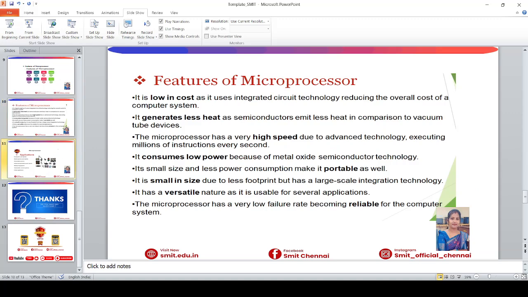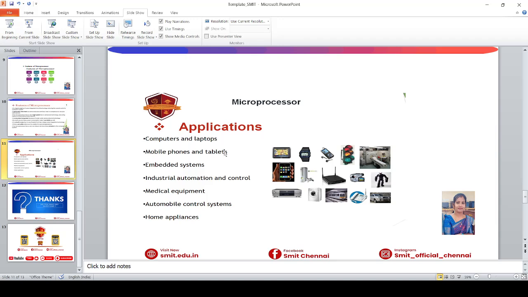Next we go for applications. What are the applications, and where is the microprocessor used? The first one is computers and laptops. Already I told you, without a microprocessor there is no PC, no laptop, and also no mobile phone or tablet. These all use the microprocessor, right?